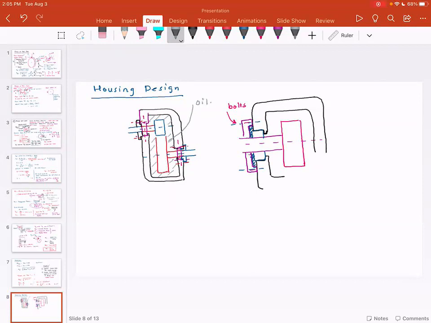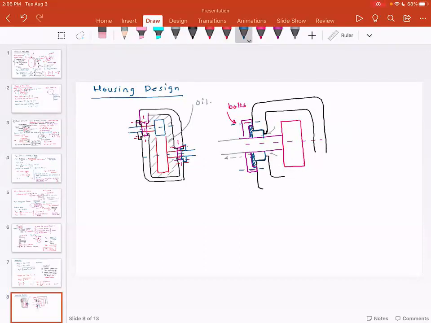You want this bearing to be lubricated by oil, but you don't want oil to come out from the shaft side. So oil should not come out from here. That's why you have a seal, and then you have a casing that holds the seal together. And that is how the gearbox is designed.